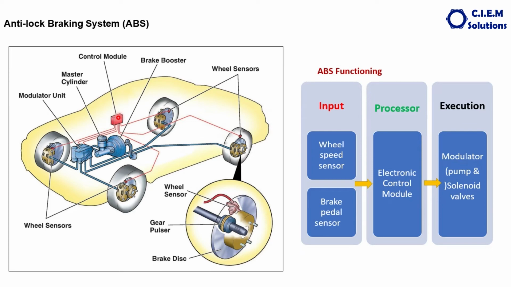This electronic control module sends the signal to the modulator unit. It is time to decrease the pressure in this line and allow this wheel to rotate a little bit instead of stopping completely. That is stopping and allowing the wheel to rotate, again stopping and allowing the wheel to rotate. This kind of pulsing action happens nearly 30 times per second.